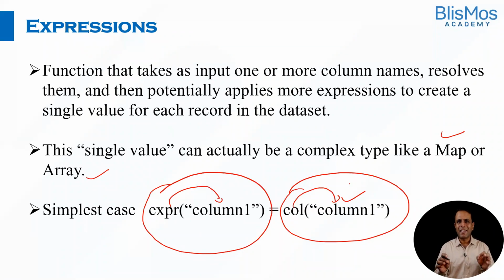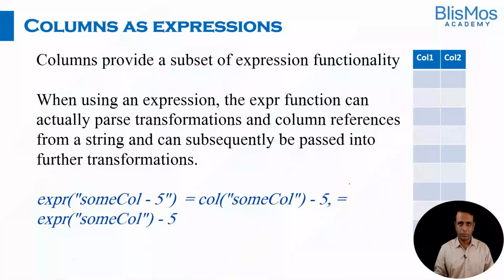The point is expression is nothing but a col, C-O-L, call. Now we have columns. Columns provide a subset of an expression. When I say expression is nothing but a function which takes one or more column names as an input, resolves them and applies some transformations and produces some single value as an output, right? In the same way, columns also do the same thing. That is the point we are trying to make here.